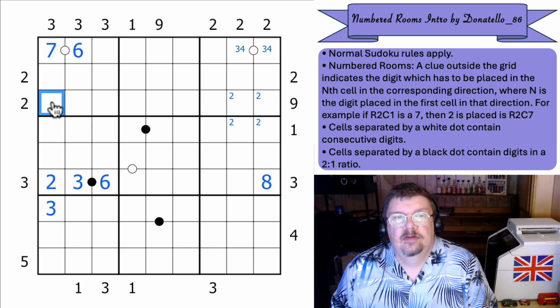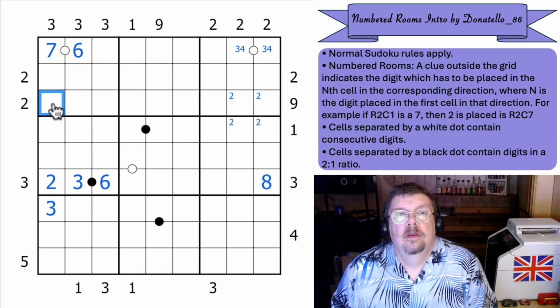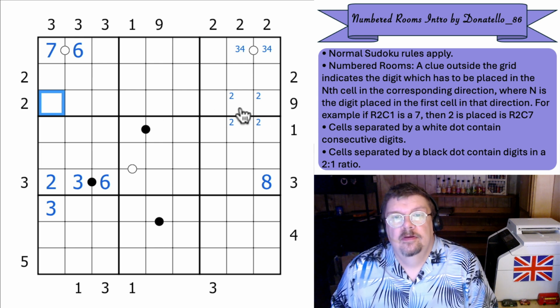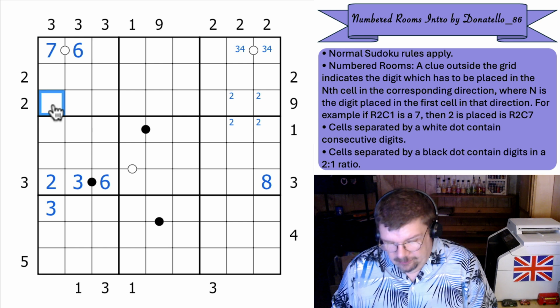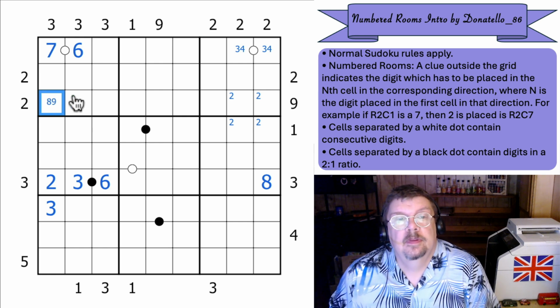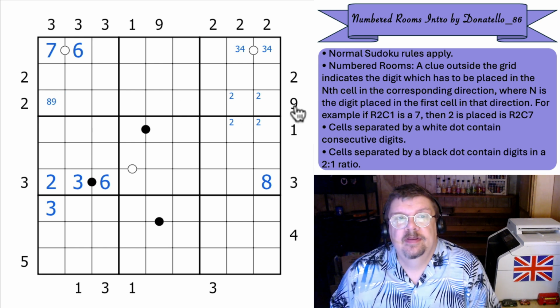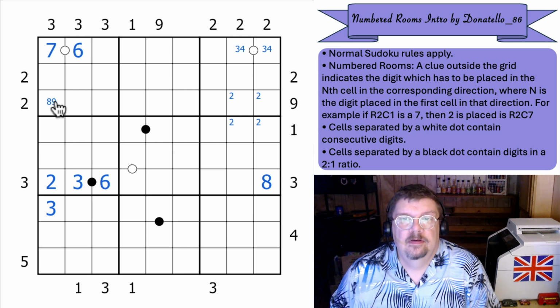So this cell, from what we've just seen, has to be an 8 or a 9, because we know that the 2 is in one of those two places. So that's an 8 or a 9. But we have a 9 clue over here, which is saying where the 9 goes.